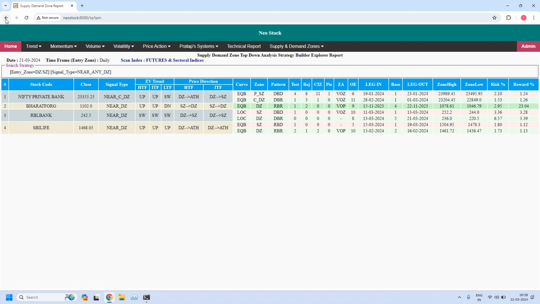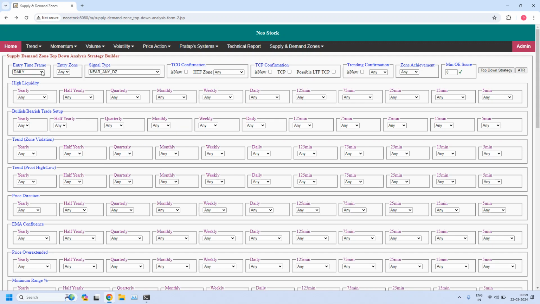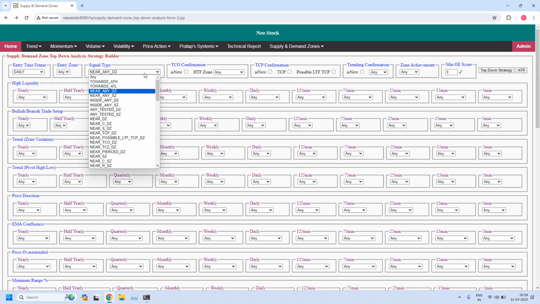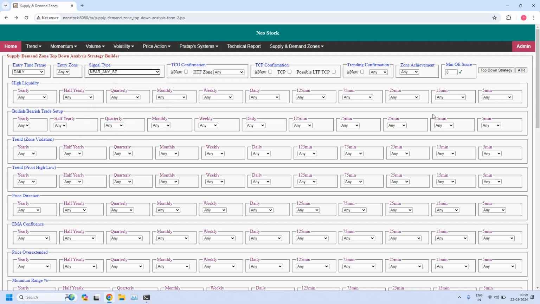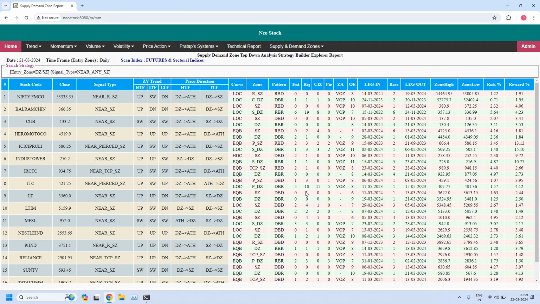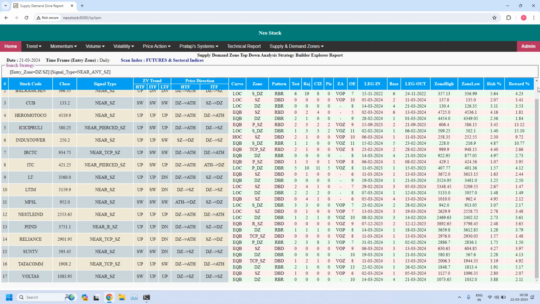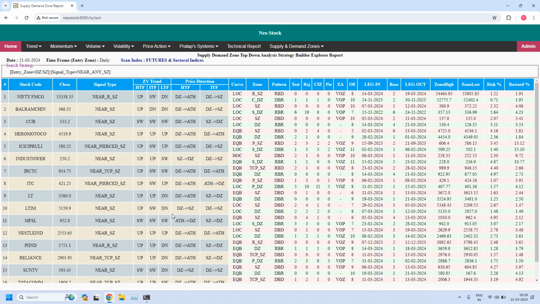So let's go back. For daily time frame, let us find the stocks near daily supply zone. 17 stocks are filtered. Let us identify high liquidity zones from this list.